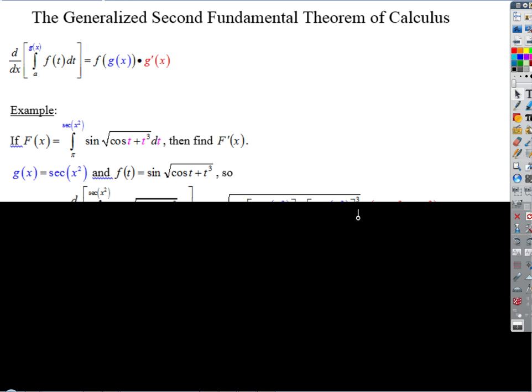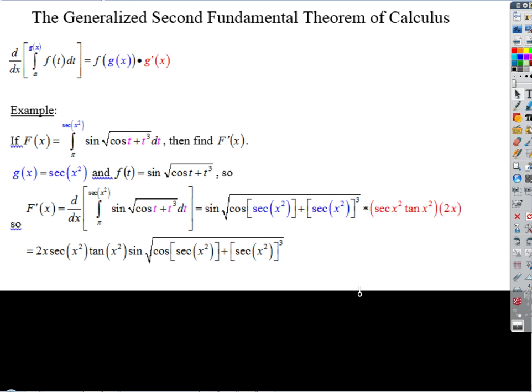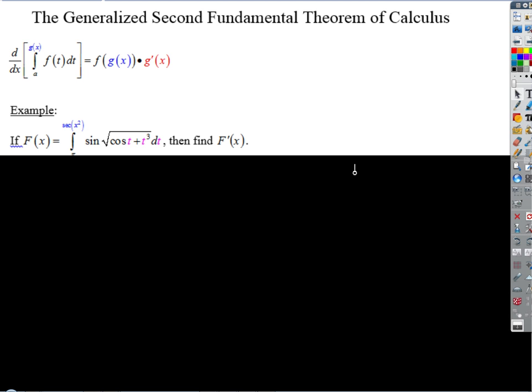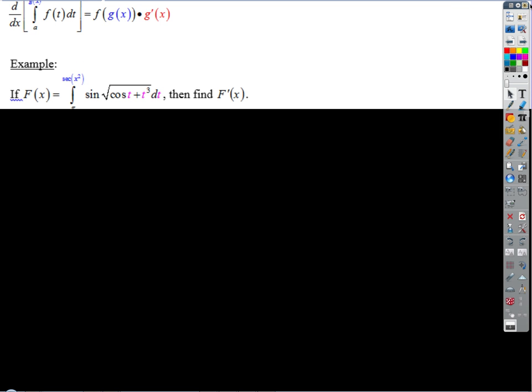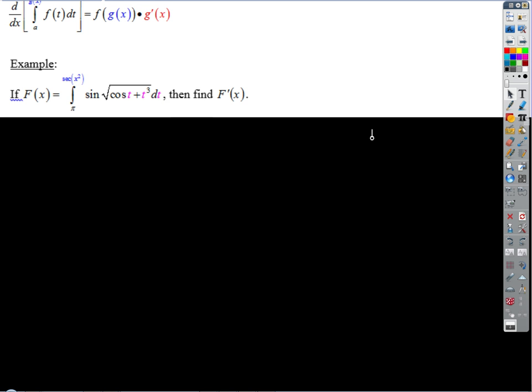So for example, this looks really complicated, but it's not very hard at all. In fact, these are sort of freebies. If they're telling us that we've got this area function, capital F of x equals the integral from pi to secant of x squared of this big ugly thing, sine of the square root of cosine t plus t cubed dt, then find the derivative, F prime of x.